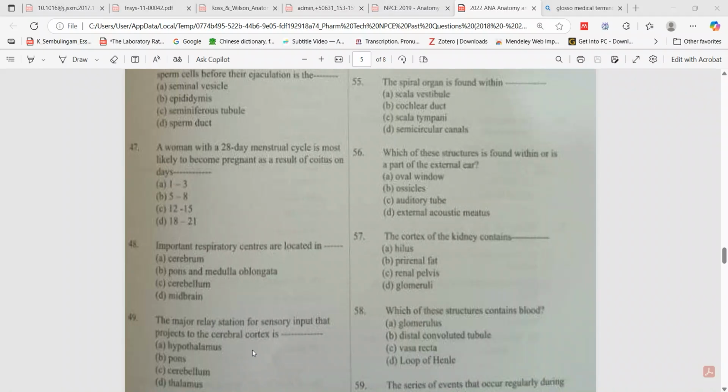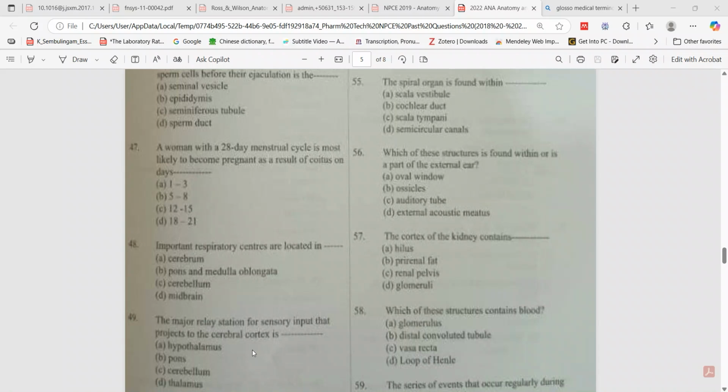It's not ossicles. Ossicles are the three bones inside. Ossicles sounds like auricle, and that auricle is this one.